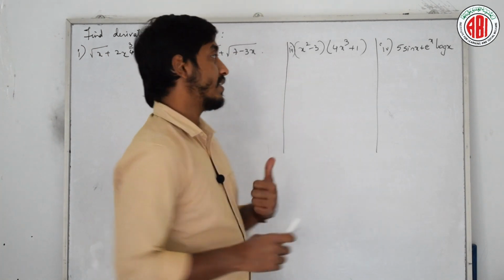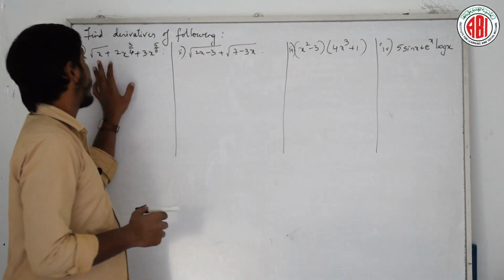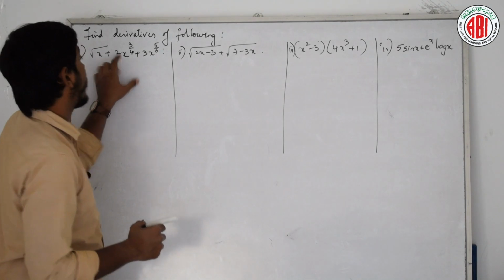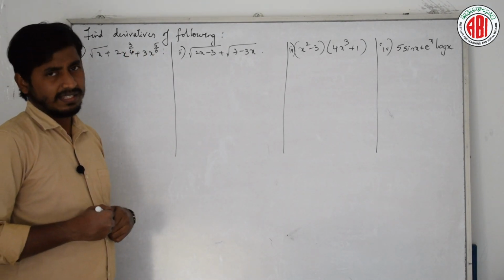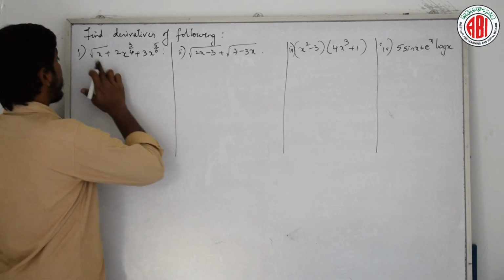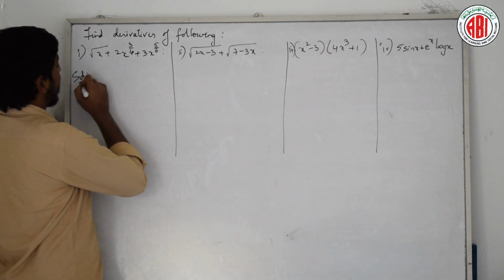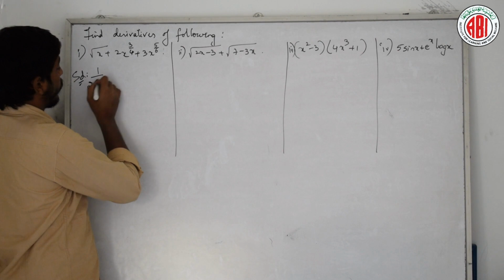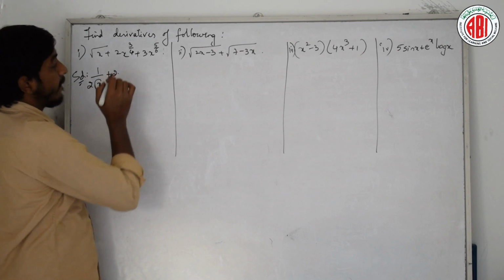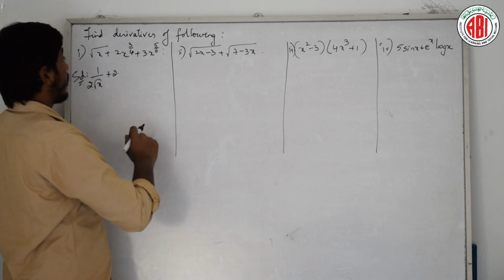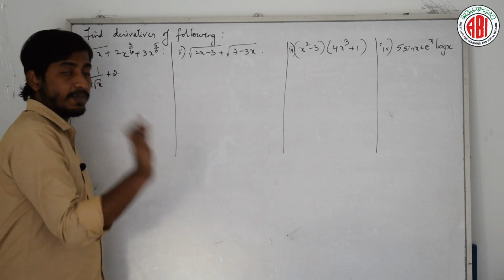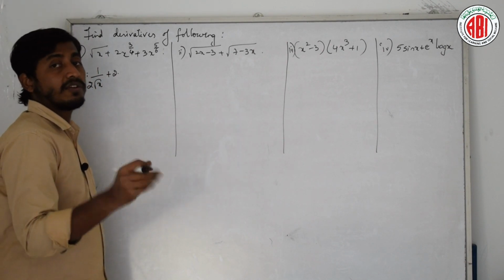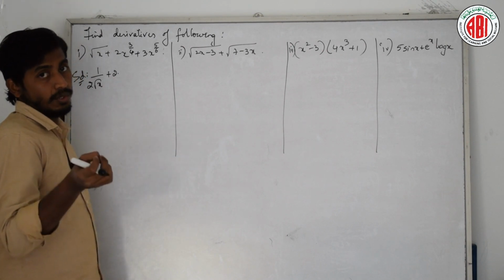Fine. See here, the first question is root x plus 2x power 3 by 4 plus 3x power 5 by 6. These are just standard forms. How? This is the form directly in root x, that is 1 by 2 root x. Now here 2 is a constant, you need not multiply it, just put it aside. If it is a single constant, you differentiate it as 0.